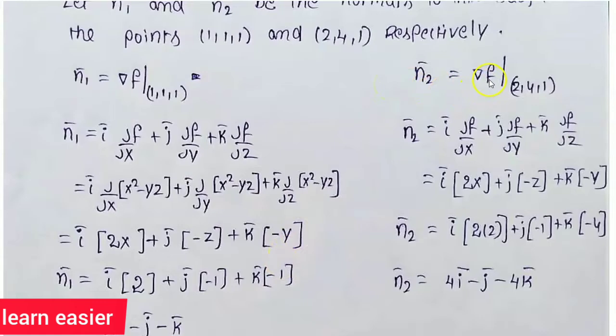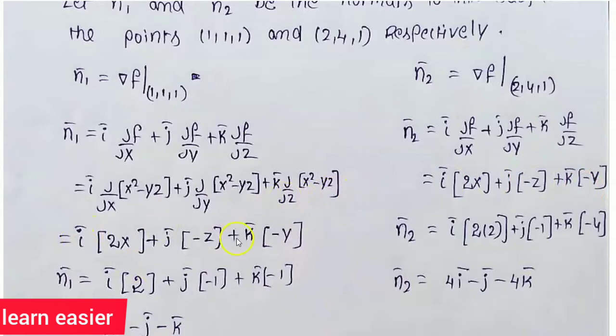Here is n2 bar, del f at the point (2, 4, 1). In the same way as n1 bar, the difference is that we substitute the point (2, 4, 1). After differentiating, we get the same as n1, so here also we get i bar into 2x plus j bar into minus z plus k bar into minus y.